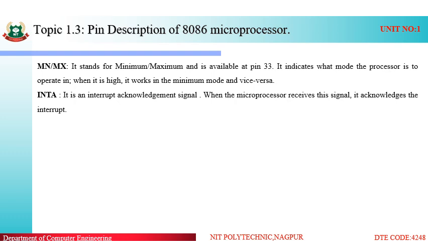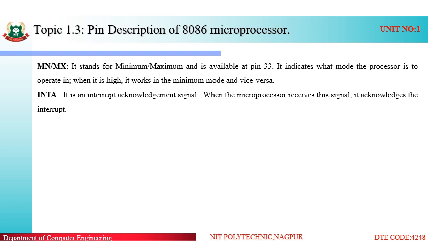This pin is used to operate the 8086 microprocessor in either minimum mode or maximum mode. The 8086 microprocessor can be operated in a single mode at a time. That means both modes cannot be activated at the same time. Either the processor will act in minimum mode or it will perform actions in maximum mode. It depends upon the user in which mode you use the microprocessor.